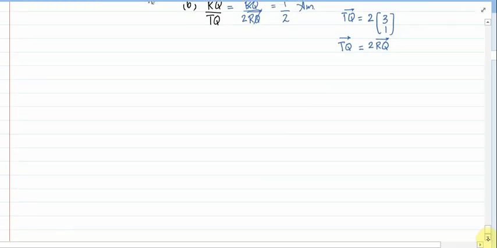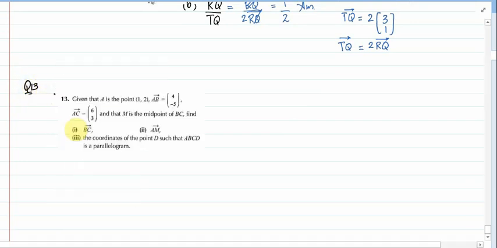Moving on to the next question, question number 13. Given that A is the point (1, 2), AB is (4, -5), AC is (6, 3), and M is the midpoint of BC, find BC. So you have the vector AB, it's 4 and negative 5.